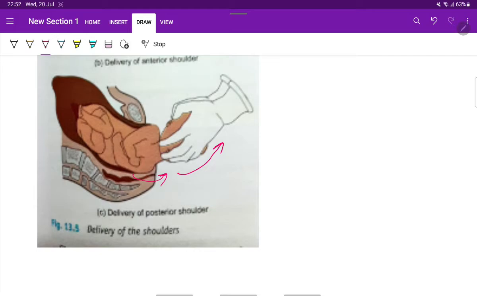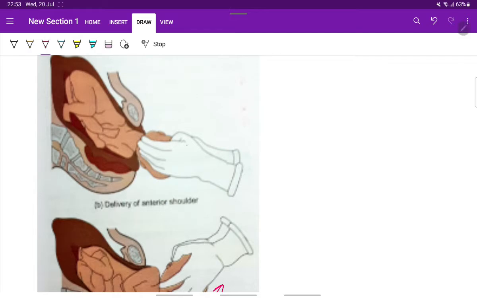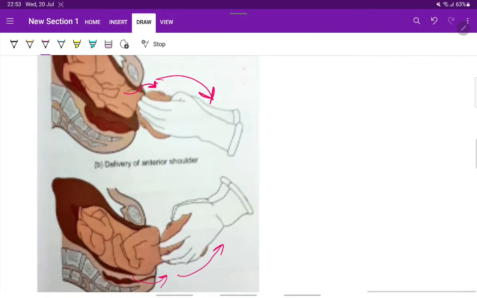And after the posterior shoulder has come out, we should gently pull the head downwards, so that the anterior shoulder hitches against the pubic symphysis and gets delivered. This is about the delivery of the shoulders. So always the posterior shoulder is delivered first, followed by the anterior shoulder.